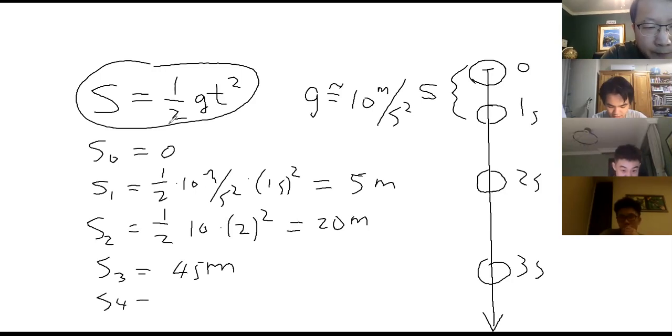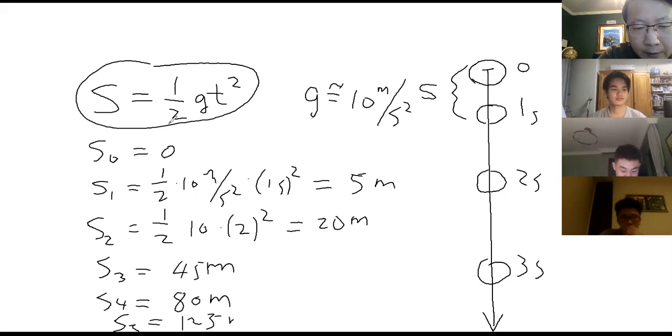S4 will be, let me see, 80 meters. S5 will be 125 meters, I think, if I didn't calculate it wrong. Okay, got it?